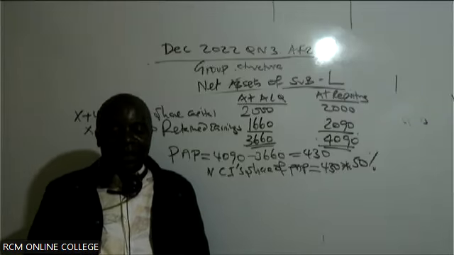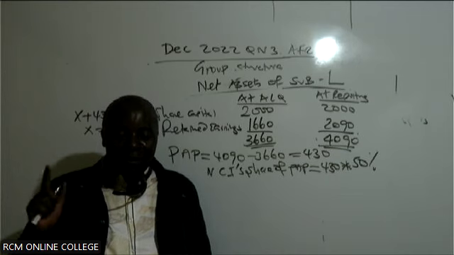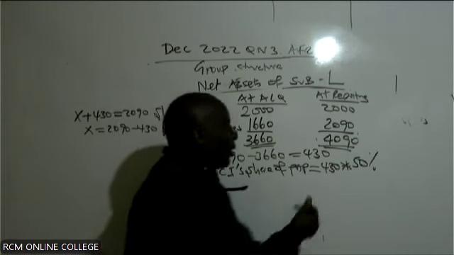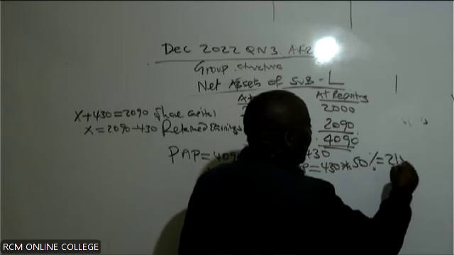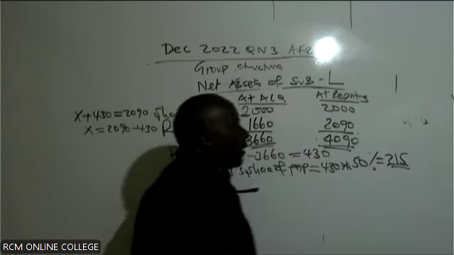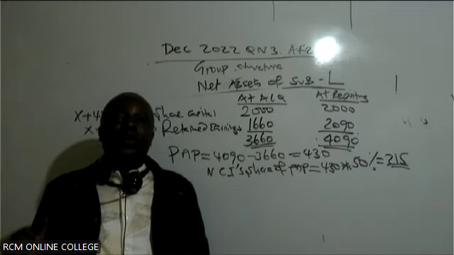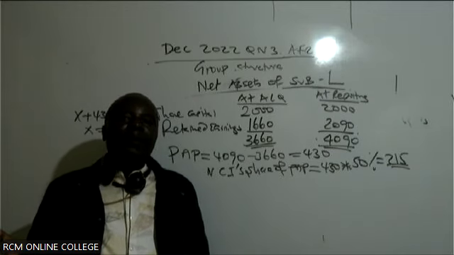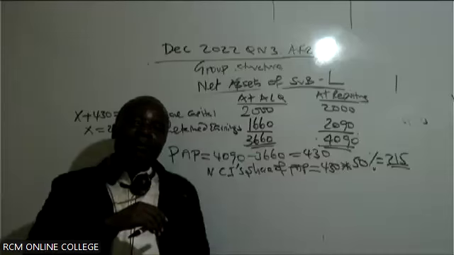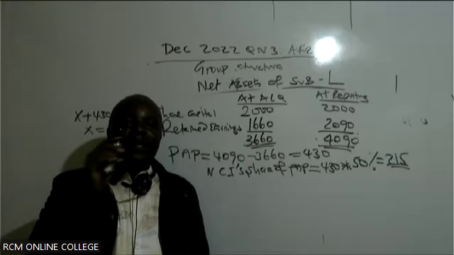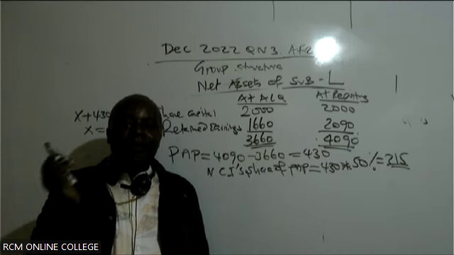Is that agreeable, or do you want us to talk more about it? So this one gives us 215. Somebody asked a very good question about revaluation. It's debatable, but even if you put a revaluation there, say it's 10, it will be 10 at acquisition and 10 at reporting.